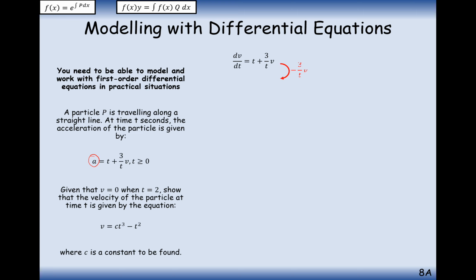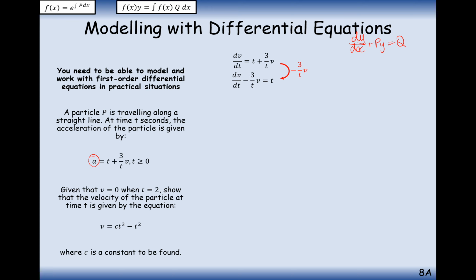And then I'm going to move the 3 over t, v onto the other side. So now it looks a little bit like a first order differential equation. It looks a little bit like dy by dx plus py equals q, where y is representing v and x is representing t. There's some function of t in front of the v, and then there's some function of t at the back.